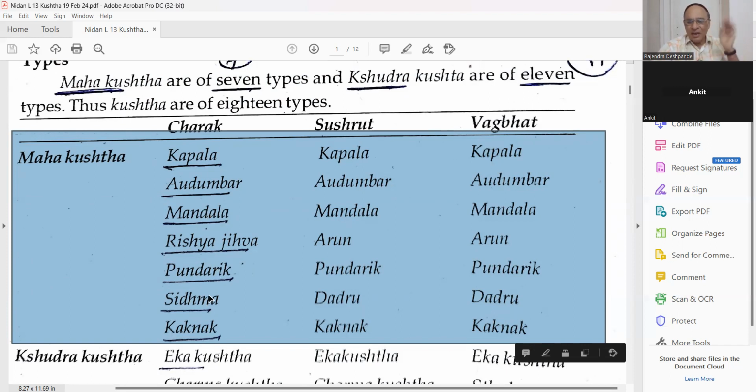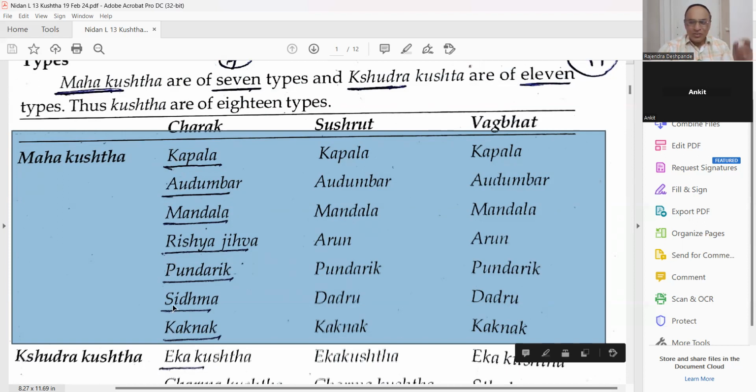Kapal, Audumbar, Mandala, Rishyajiva, Pundarika, Sidhma, Kakanaka. You can make your own mnemonics. If anybody knows mnemonics or wants to make mnemonics, please write in the comment box. I will welcome it and I will be obliged. So you can take the first letter, like Kamrap SK, Shahrukh Khan.